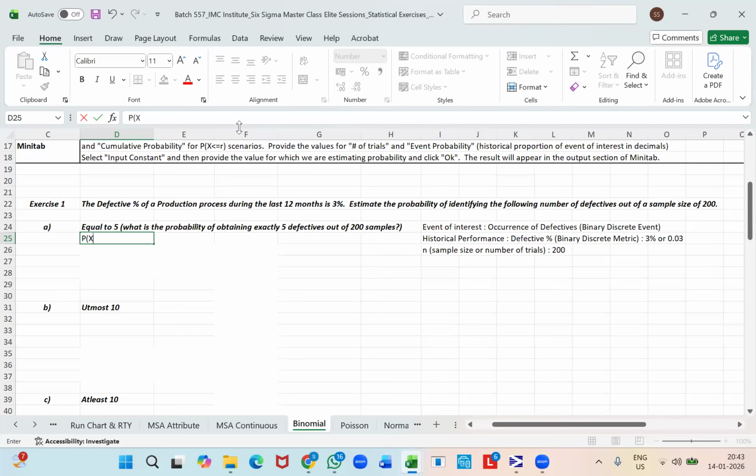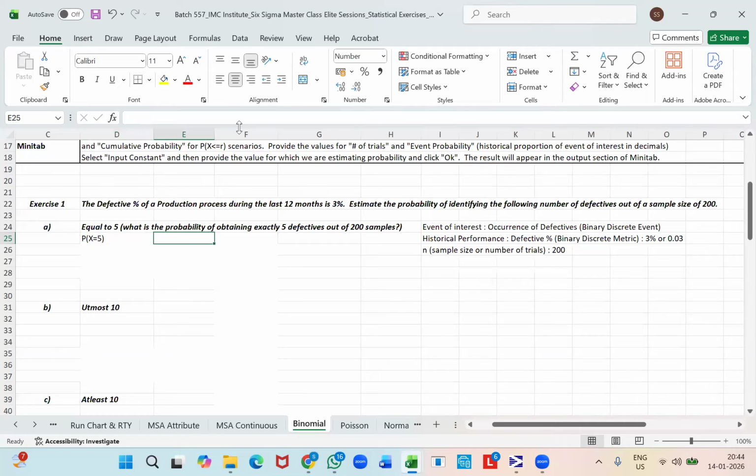So P of x equal to 5 would indicate that we are estimating the probability of obtaining exactly 5 defectives out of a certain number of samples. This is how I will write the probability notation. So for equal to 5, it will be P of x equal to 5.